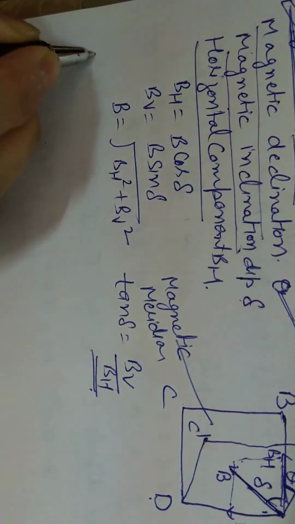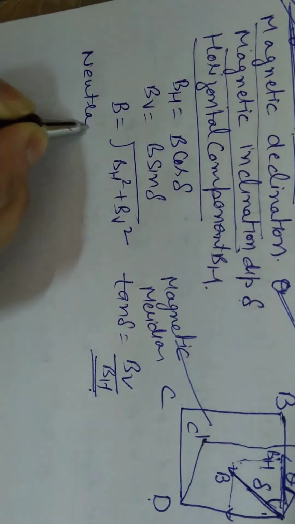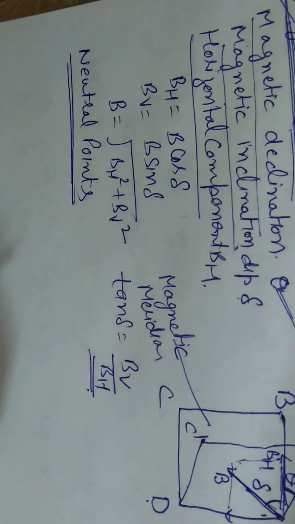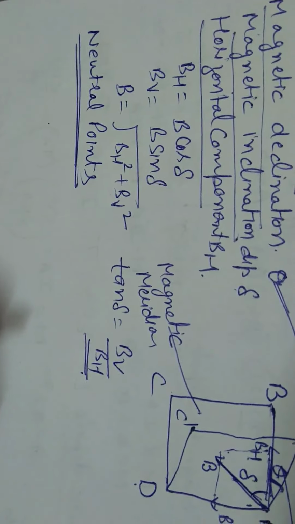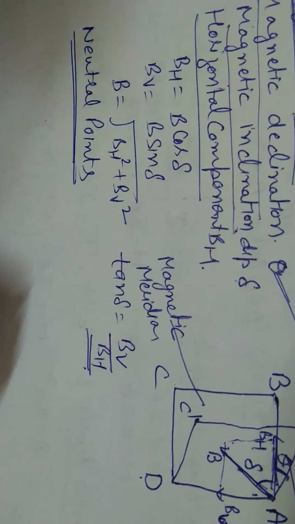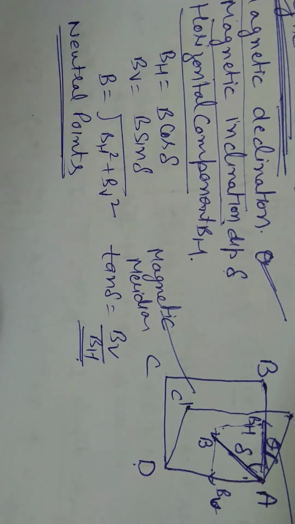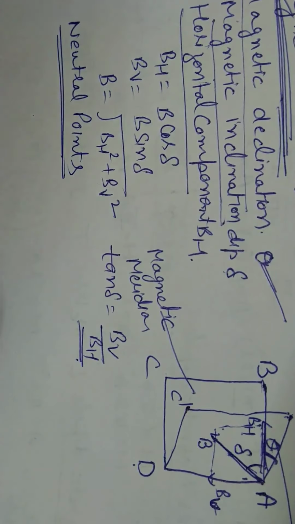And then we have the neutral points. Just have an idea for these points. The magnetic field of a bar magnet balances the Earth's horizontal component, and at those points no field exists, they are called the neutral points.